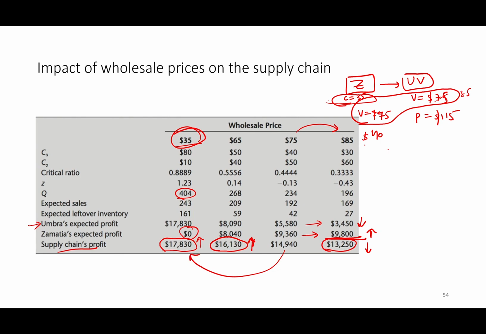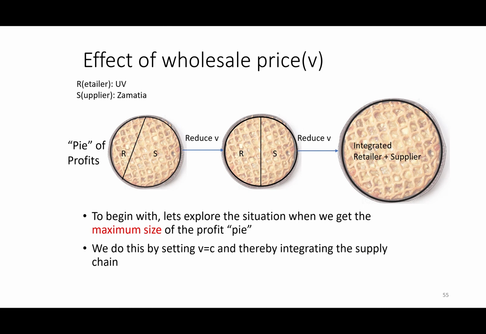So this is what we're going to look at. Essentially, when you reduce the wholesale price, first the split of profit changes. Here the retailer was only getting this piece of the pie. Now they're getting a higher piece of the pie.